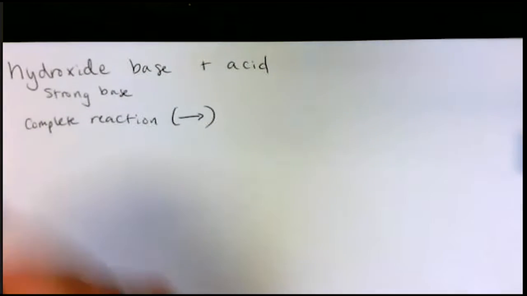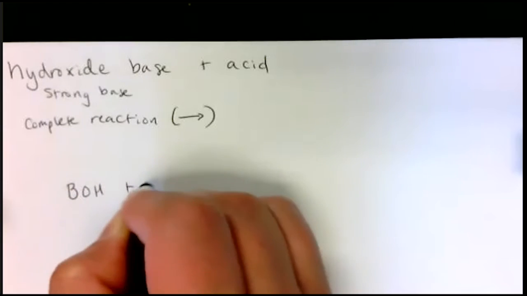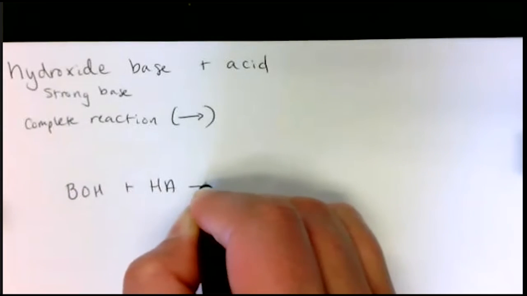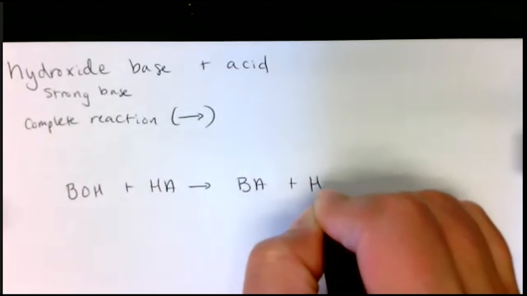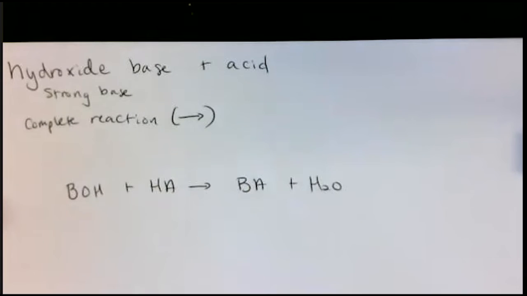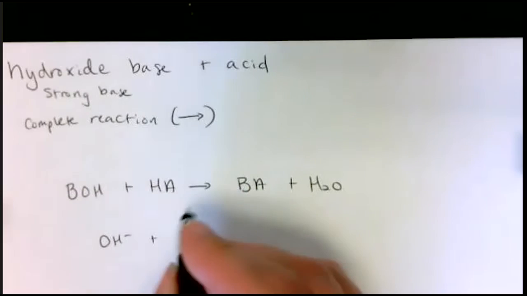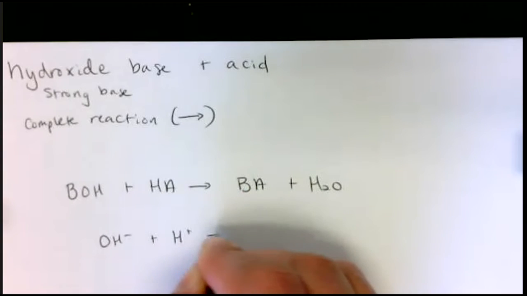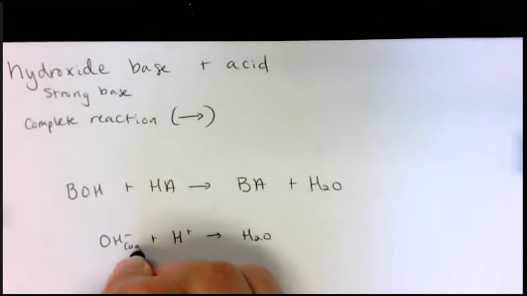Okay, so it's going to be BOH plus HA goes to BA plus H2O. The net ionic for this is OH minus plus H plus goes to H2O.